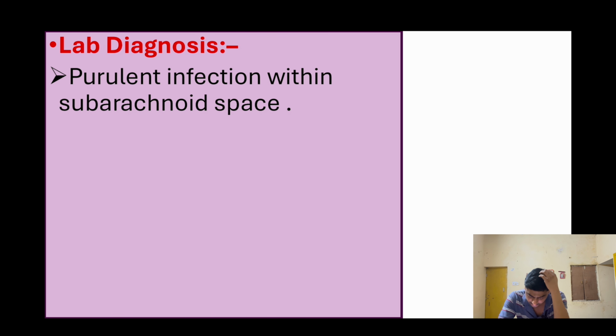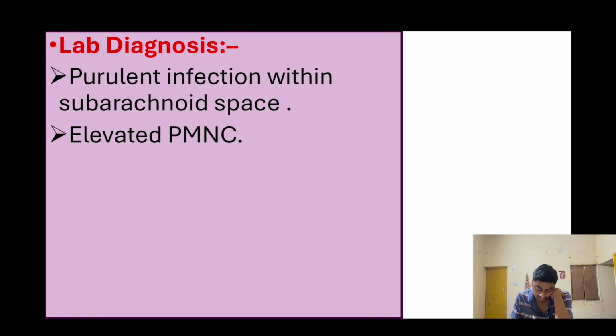So as we have discussed the clinical manifestations of meningitis, now we come to the lab diagnosis. In lab diagnosis, the first point is purulent infection within the subarachnoid space. As we know, there is inflammation of the meninges, arachnoid and pia mater, which also involves the subarachnoid space.